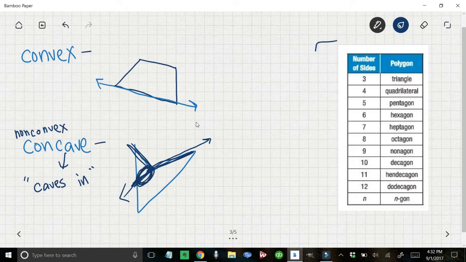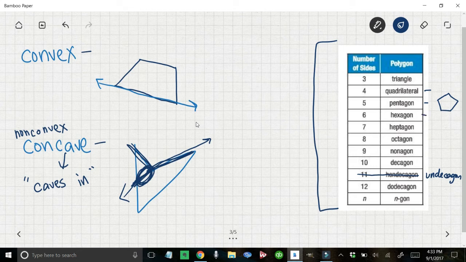Okay, something else. All of these are shapes you're going to need to know, with the exception of, I don't expect you to remember 11 as a hendecagon. Some books even actually call it an undecagon. We won't be using that, but I do expect you to know triangle has 3 sides, quadrilateral has 4, pentagon 5. You can think of like the Pentagon in Washington, D.C. to remember that one if you forget.